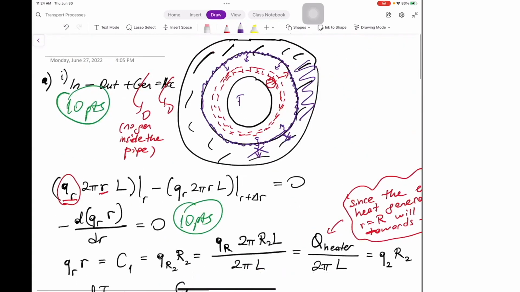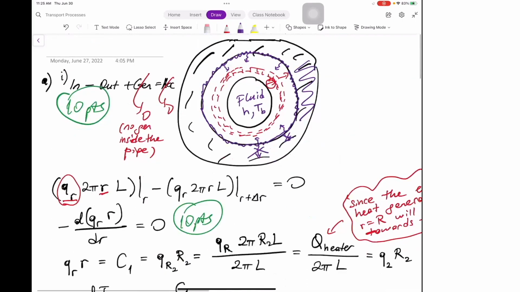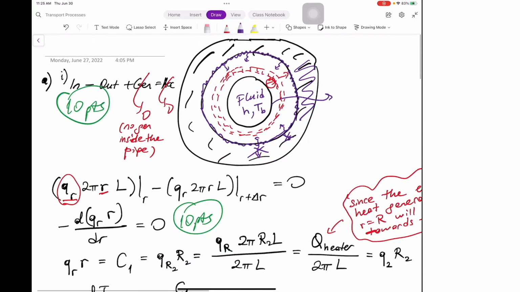Here you have some fluid, right? It has some heat transfer coefficient H. And you know that the fluid is boiling. Take into account the boiling temperature of the fluid. So you know that the fluid is at a constant temperature TB. Okay. But you have no clue about this T1.